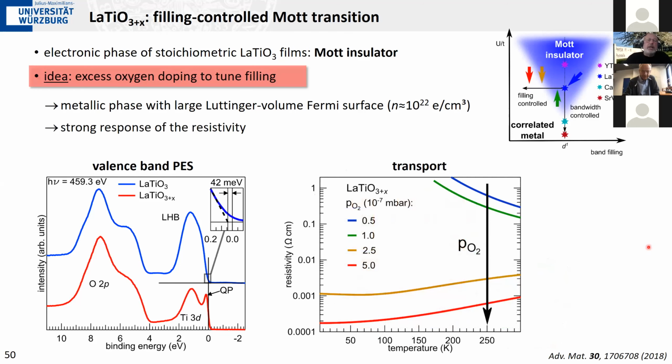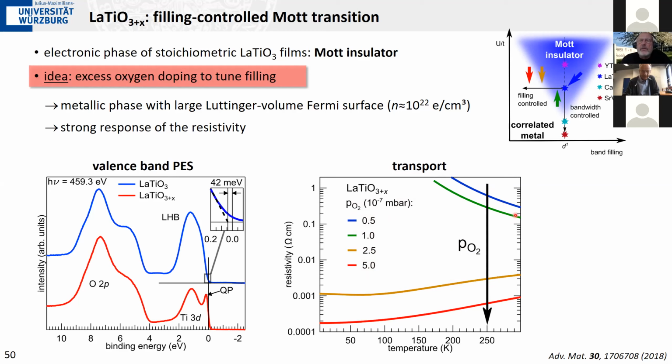And then, once you have these capped samples, you can also look at the transport behavior, and this is shown here, as you change the growth pressure. Large oxygen pressure means that we strongly dope the system with excess oxygen, so this leads to p-doping as we go from blue to red. We start out with a situation where we have achieved this insulator.